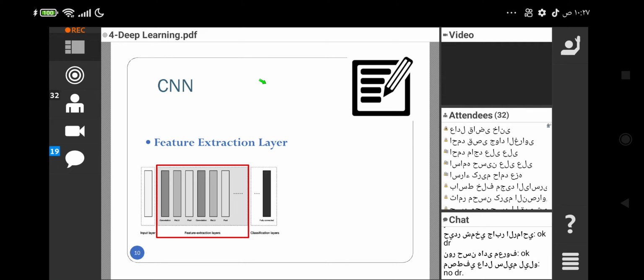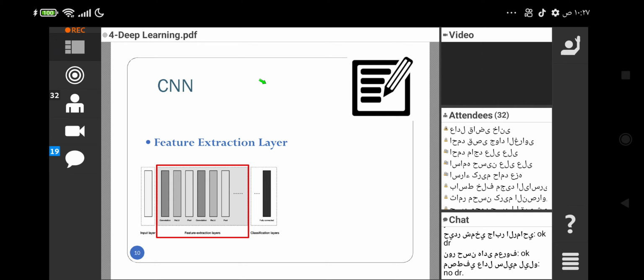What is feature extraction? Feature extraction means that we are extracting some information from these many pixels. If the resolution is 800 multiplied by 600, it would be 480,000 pixels.